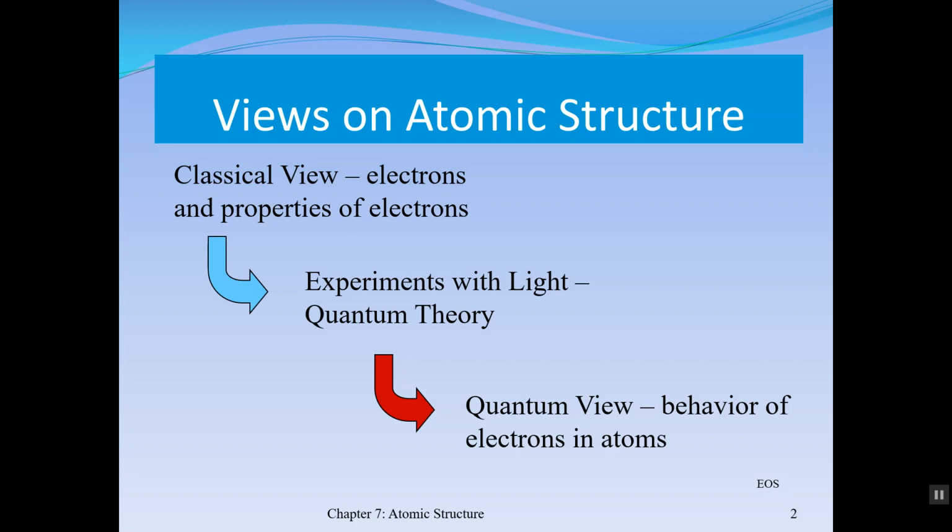Then experiments were done with light in an effort to understand or confirm the fact that particles do behave this way, and it turns out that that is not actually so. So that has led to our current understanding of the behavior of electrons in atoms, which is described by the quantum theory, which we're going to get into later on. Okay, so that's just a very brief history. We're going to get into it in more detail in this chapter.